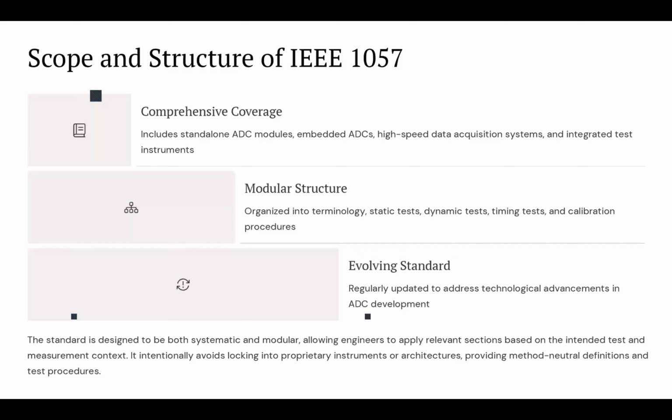So when you want to use it, you need to make sure that you are using the right version of the IEEE 1057 for your technology. If you're using the latest technology, you need to use the latest revision of the IEEE 1057.